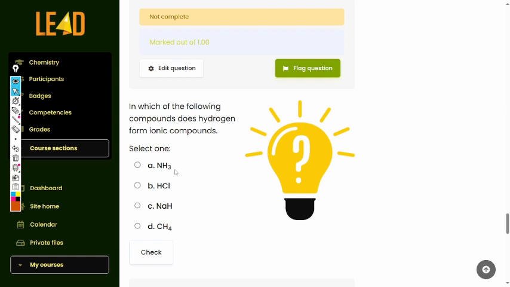Nitrogen is a non-metal, so they are both non-metals, and what you get there is a covalent bond, not an ionic bond. Hydrogen and chlorine: chlorine is a non-metal, so you get a covalent bond. Now sodium is a metal and hydrogen becomes the non-metal, so that should give you an ionic bond. The last one, you have carbon and hydrogen. They are both non-metals, so you get a covalent bond there. So the correct answer is C.